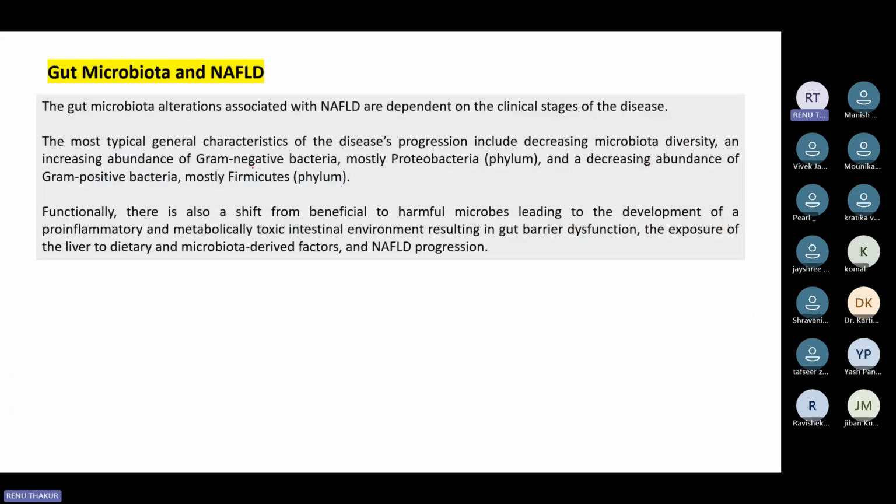Gut microbiota alterations associated with NAFLD are dependent on the clinical stages of the disease. The most typical characteristics of disease progression include decreasing microbiota diversity. So we have studied dysbiosis level 1, dysbiosis level 2, dysbiosis level 3.